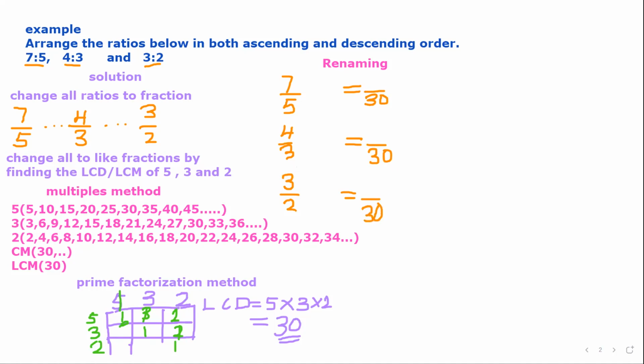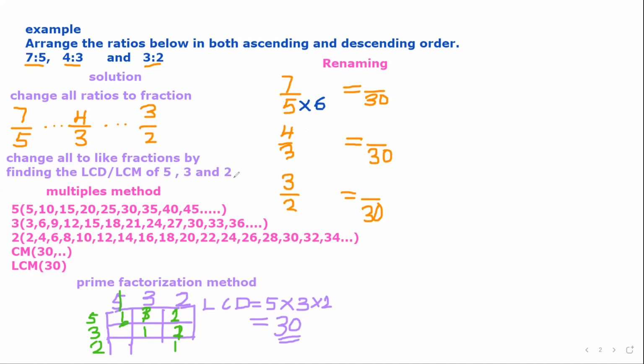Now let's go back to the first one and do small calculations here. With this fraction 7 out of 5, the old denominator is 5. The new one must be 30. So it means it was multiplied by what number? 5 times what number gives us 30? That is 6. Okay, good. The same number must be used to multiply what?